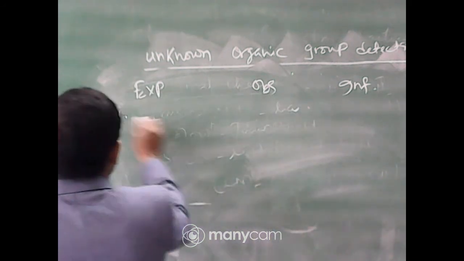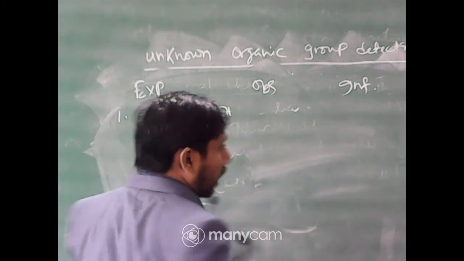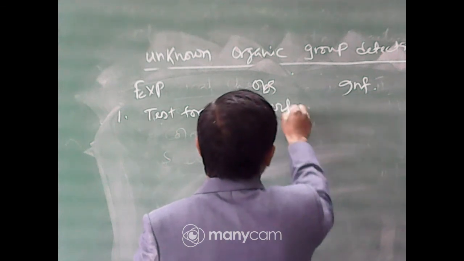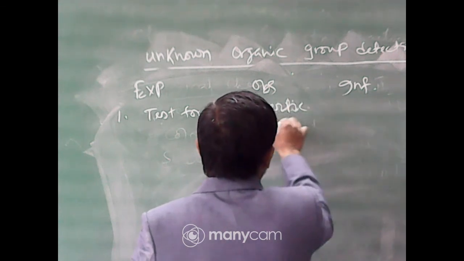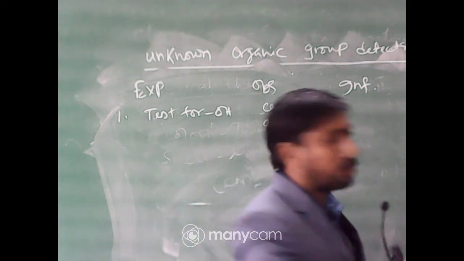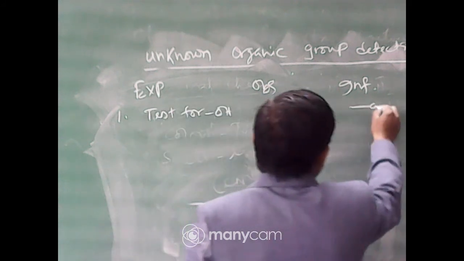So first test for aldehyde, test for alcohol. Okay. So in that section you will write the Tollens' ammonium test. Okay. So inference you will write the coloration is not here. Okay. So it is absent.